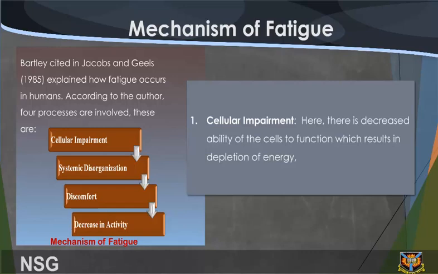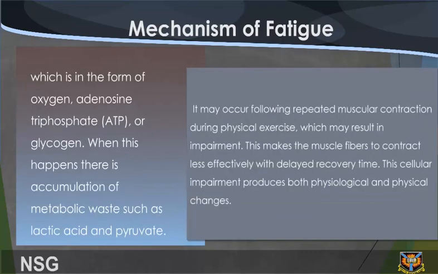Here, there is decreased ability of the cells to function, which results in depletion of energy, which is in the form of oxygen, adenosine triphosphate (ATP), or glycogen. When this happens, there is accumulation of metabolic waste such as lactic acid and pyruvate.